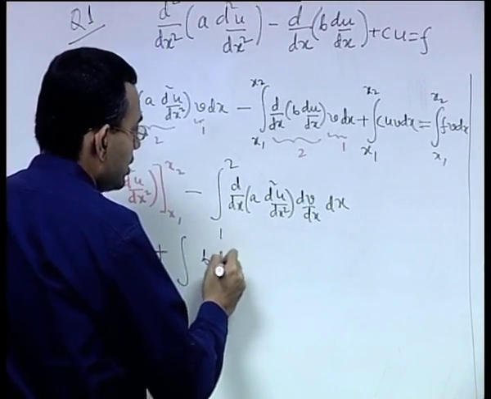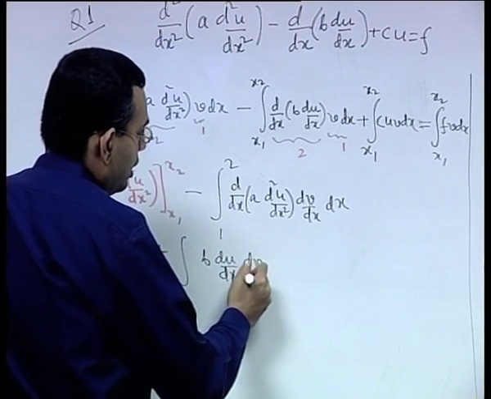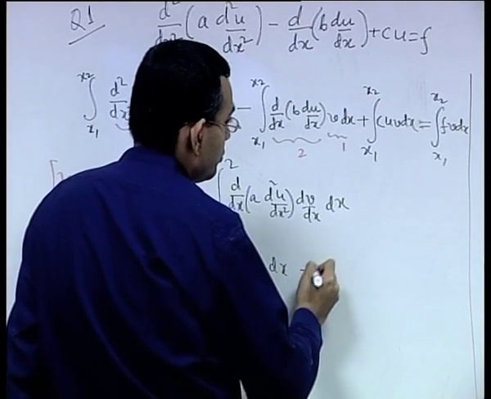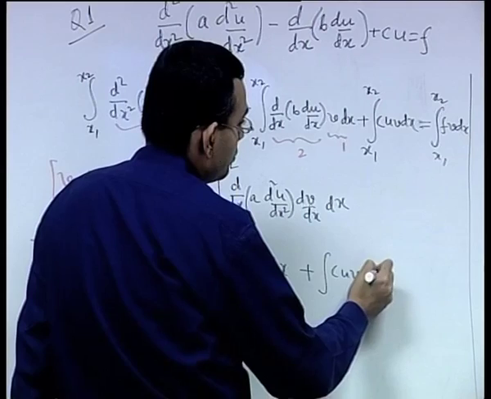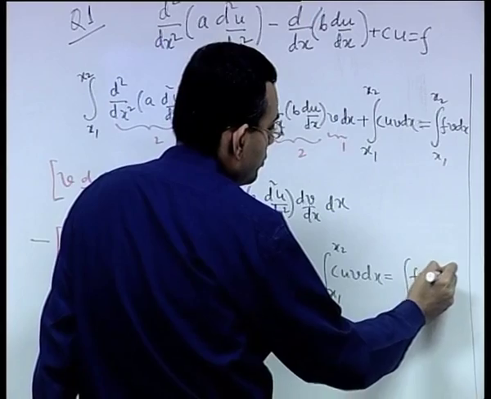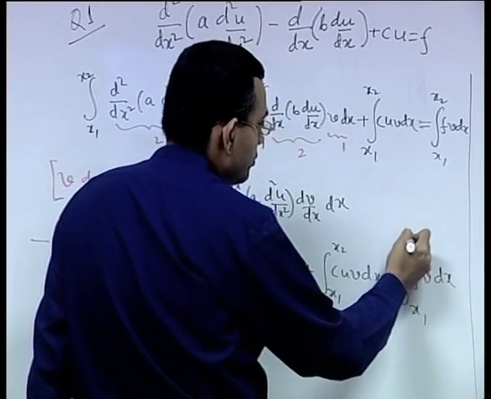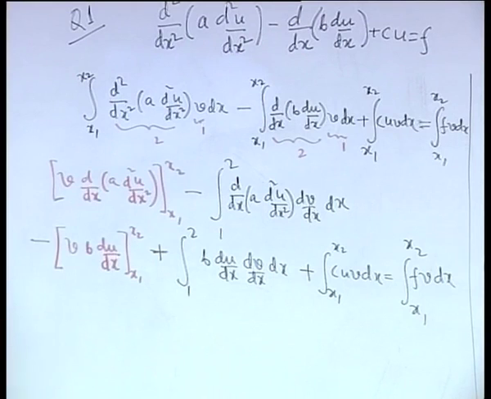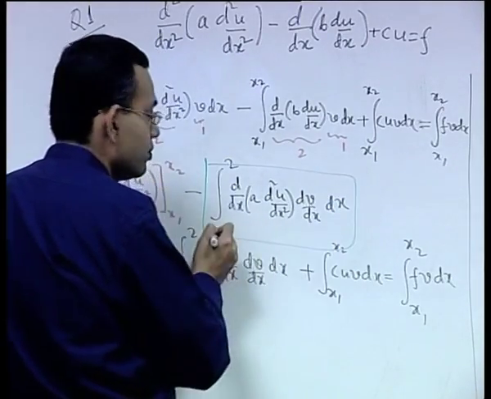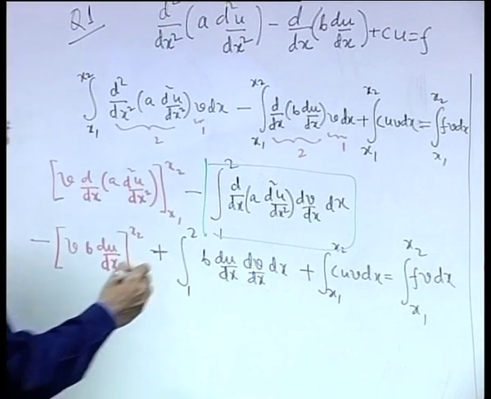So, b du dx into dv dx dx from 1 to 2. We have to execute the integration by parts once more, keeping this term in view. So, let us do that.